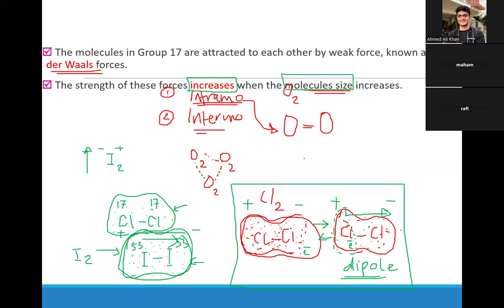And that's why the intermolecular forces, the van der Waals forces, are stronger in iodine as compared to chlorine, right? So as the size of the molecules increases, the duration of the dipole increases, and that's why the van der Waals forces become much stronger.